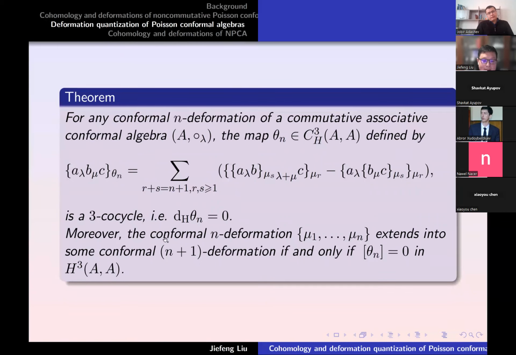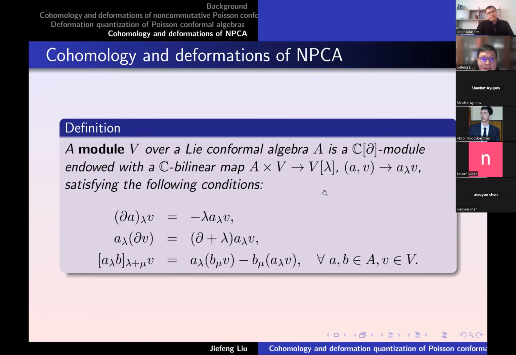Moreover, the conformal N deformation mu_1, ..., mu_n extends into some conformal N plus 1 deformation if and only if this class in H^3(A,A) is 0. At last, we give the cohomology and deformation of NPCA.